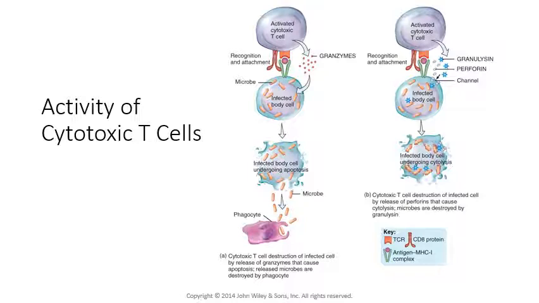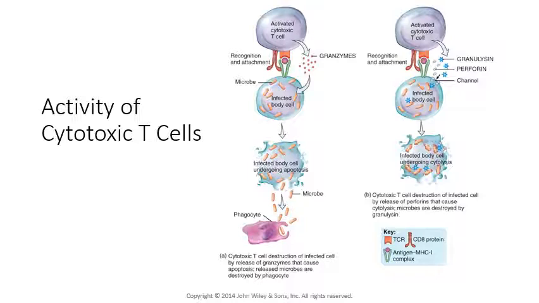They're going to trigger that infected body cell to undergo apoptosis, which is that programmed cell death. So the granzymes cause that cell to destroy itself. And then whatever microbes were inside that cell, usually viruses or intracellular bacteria, are then going to be released. And usually there's a waiting phagocyte nearby to ingest those microbes.